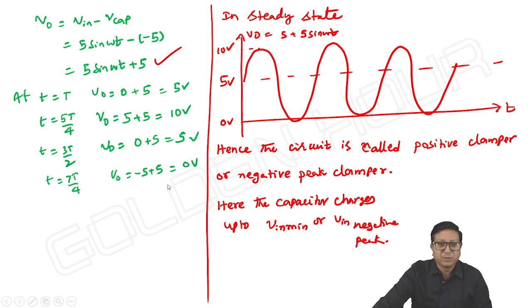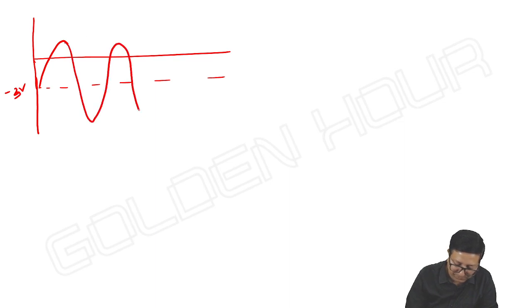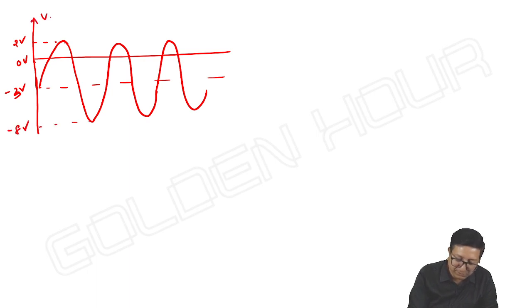That's it. So based on that, see this, suppose my input is like minus 3 plus 5 sine omega t.